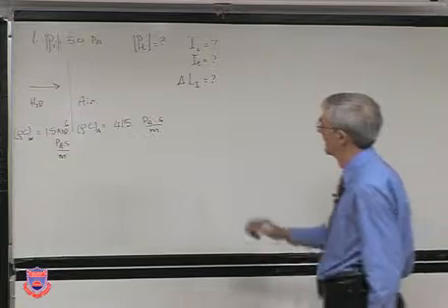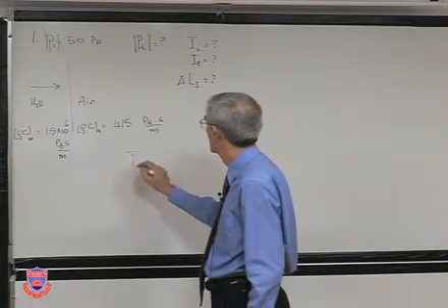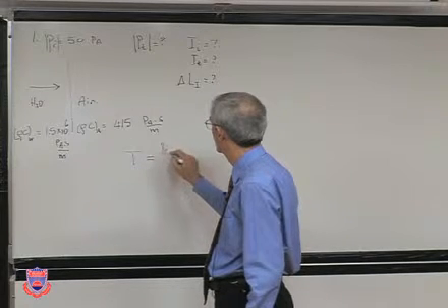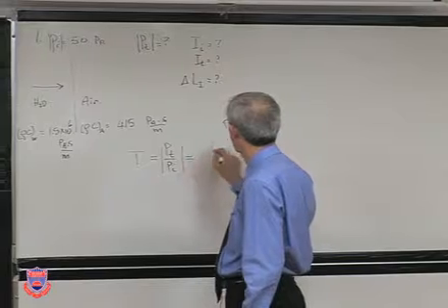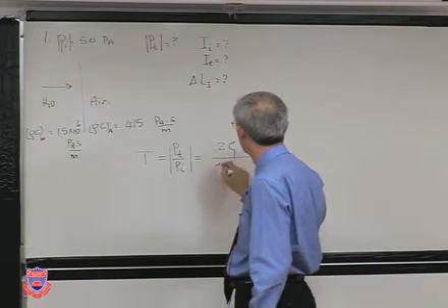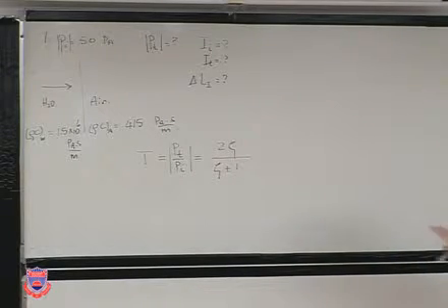Now, you can rederive this, but the transmission coefficient, which was PT over PI, is, you remember this, okay.